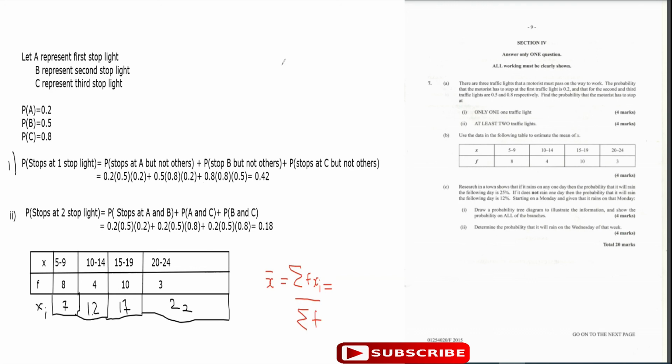So what does that mean? That means we need to work out what is 8 times 7 plus 4 times 12 plus 10 times 17 plus 3 times 22.